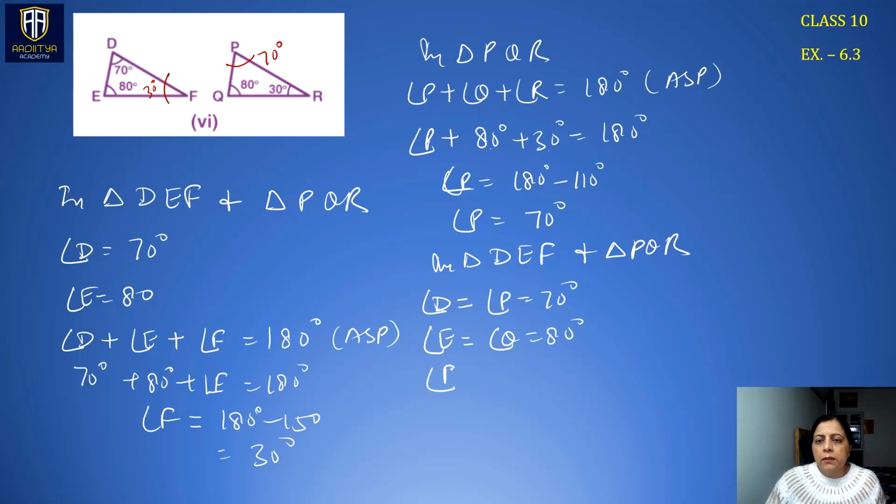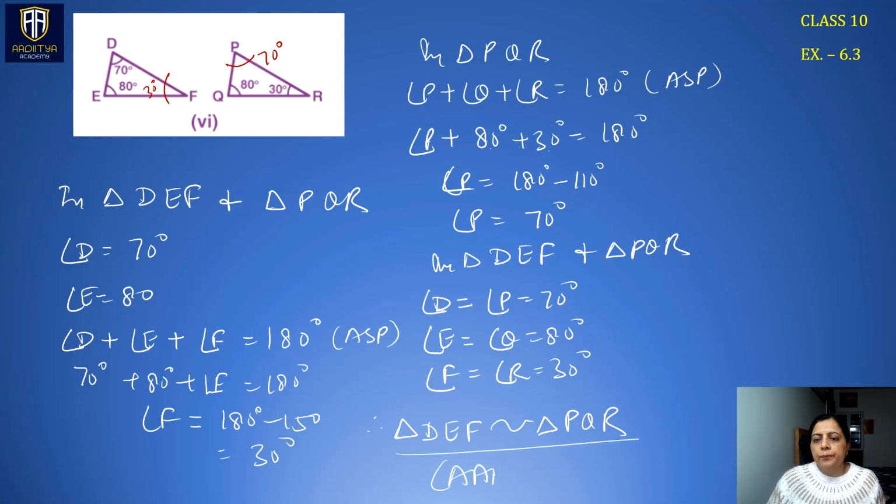Finally, angle F is equal to angle R, which is 30 degrees. Therefore, triangle DEF is similar to triangle PQR, with D corresponding to P, E to Q, F to R. So DEF is similar to PQR, and this is AAA similarity, right?